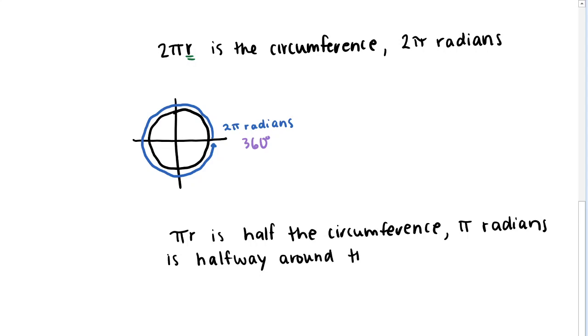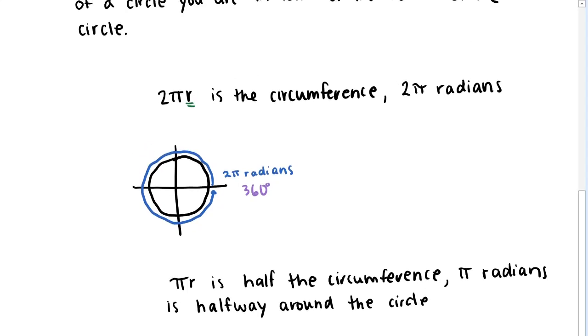around the circle. I guess I didn't finish the idea in the previous example. 2 pi radians is, how should I say this, a full way around the circle.